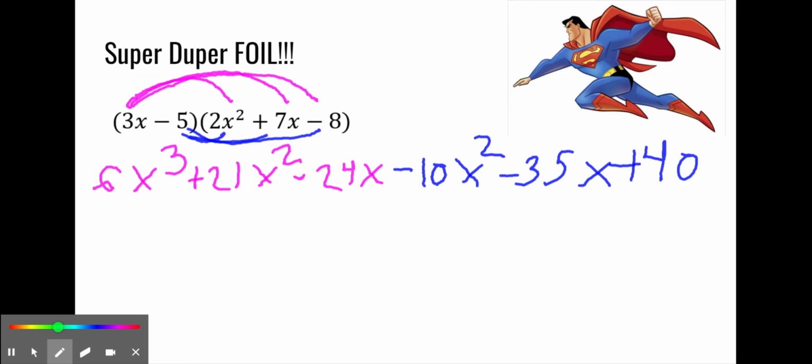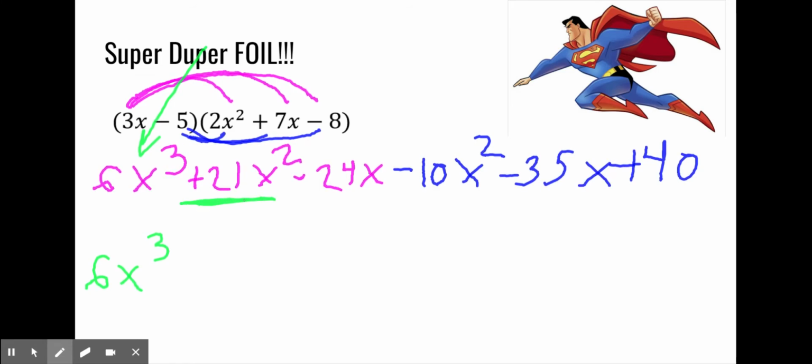at the last name. So this is the only x to the third term. So let's just write that one right on down. Now I'm going to underline the x squared term. So I'm going to kind of organize it for myself. We have 21x squared minus 10x squared, which will give us a positive 11x squared when we combine those.